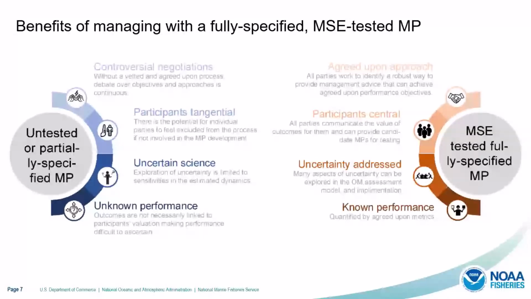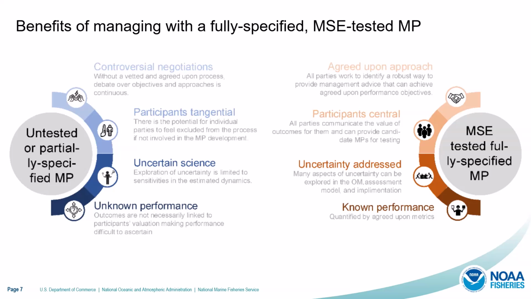On the contrary, with fully specified management procedures that are automated and fully MSE tested, we have an agreed upon approach where all parties are working together and identifying the best way to maximize our ability to achieve management objectives. Participants are really central to the entire process, again, iteratively engaged.